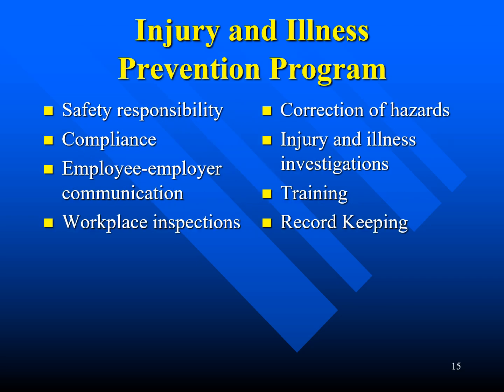The injury and illness prevention program should include the following: safety responsibility, compliance to the rules and regulations, employee-employer communication, workplace inspections, correction of the hazards that have been identified, injury and illness investigations, training, and record keeping.